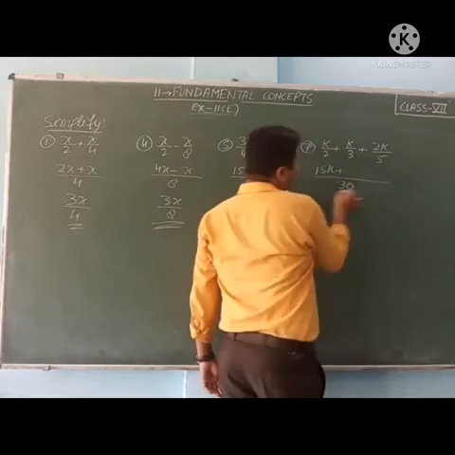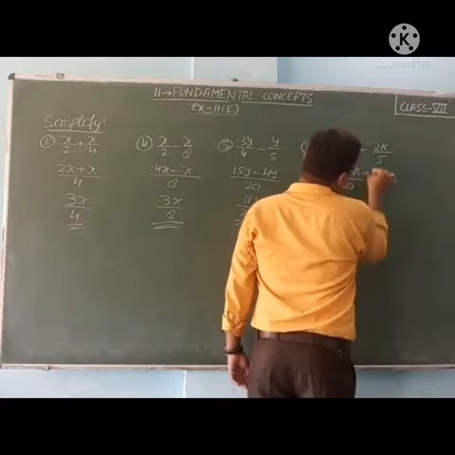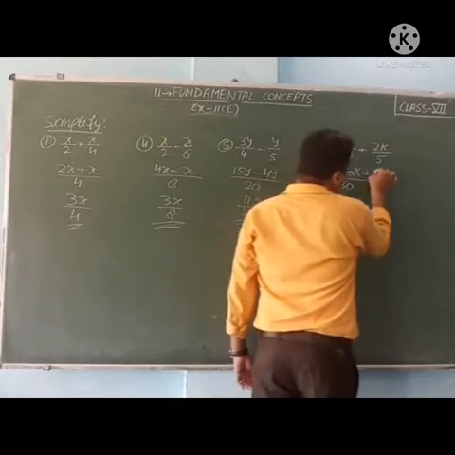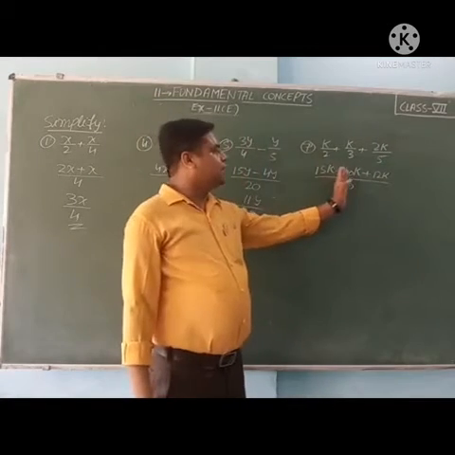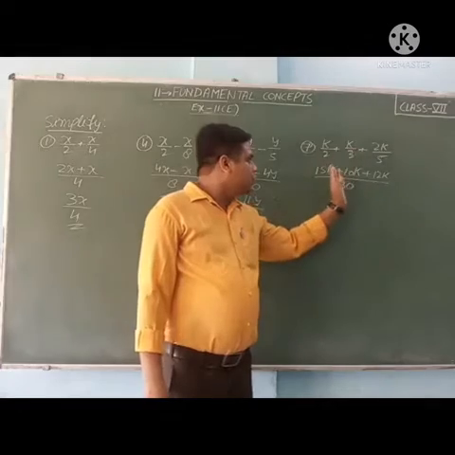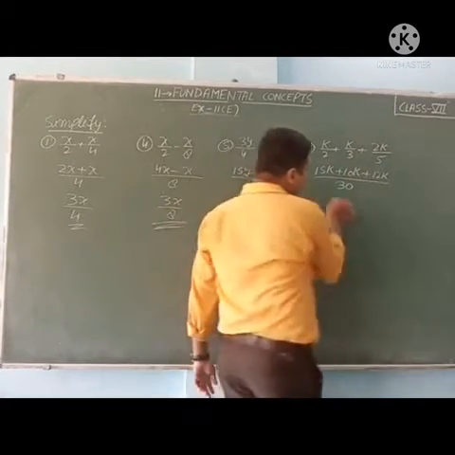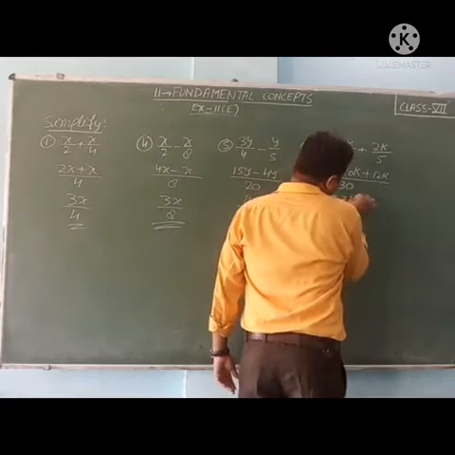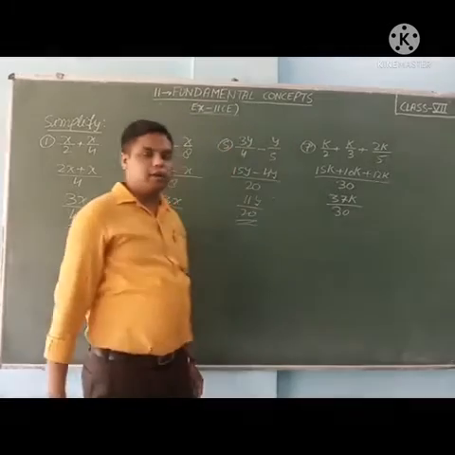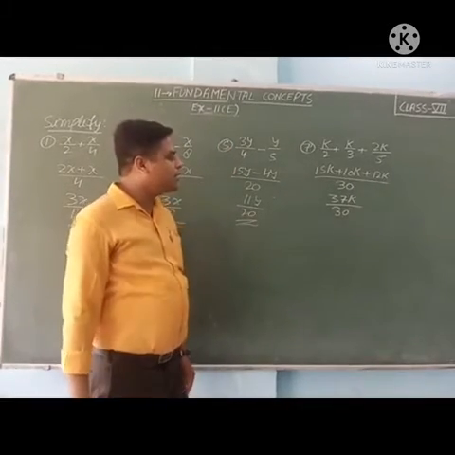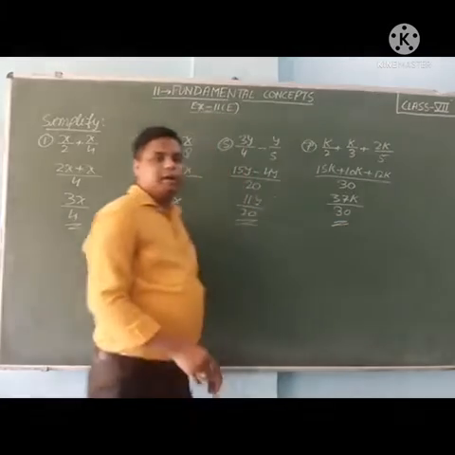Plus 3 tens are 30, 10 into k, 10k. Plus 5 sixes are 30, 6 twos are 12k. So 15k plus 10k plus 12k. 15 plus 10, 25 plus 12, 37k upon 30. 37 and 30 are not divisible by any same number. So students, answer is 37k upon 30.